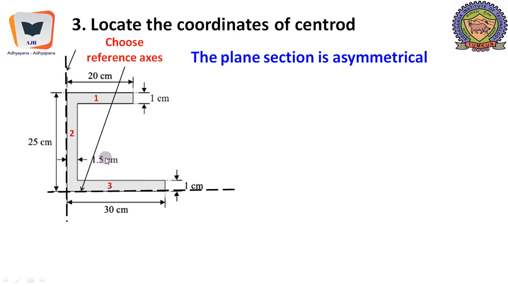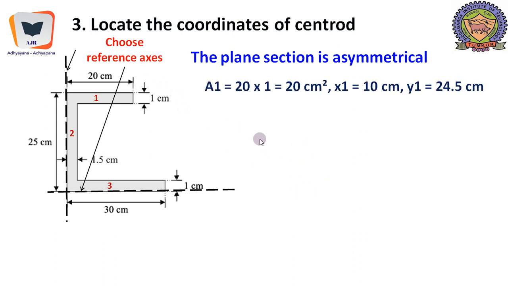And soon after we find the centroid, we can just shift these axes to that centroidal location, so that there will be a balancing act. So the figure will be able to balance itself with respect to centroidal x-axis and centroidal y-axis. So choose the reference axis. We have done that. We will divide the area into three parts: one, the horizontal rectangular portion, two, the vertical rectangular portion, and three, the horizontal rectangular portion at the bottom.